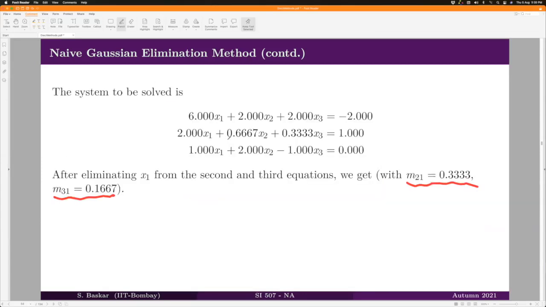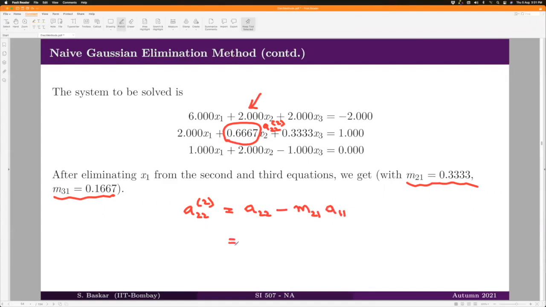While computing the coefficient A222, the formula for this is A222 equals A22, that is the given coefficient, minus M21 times A11, that is 2.